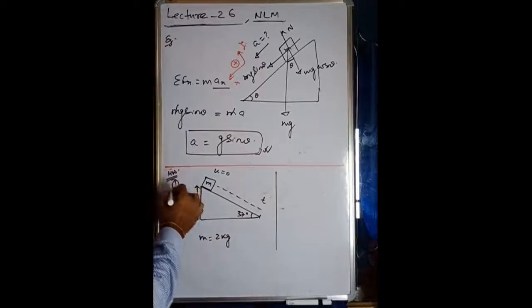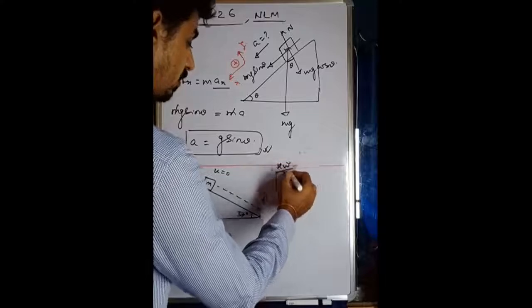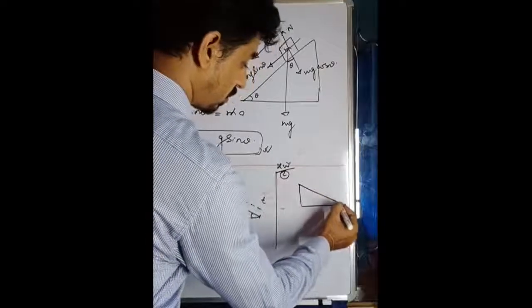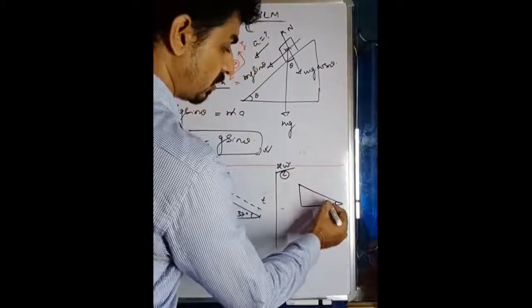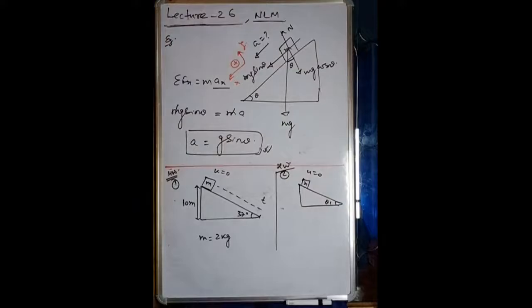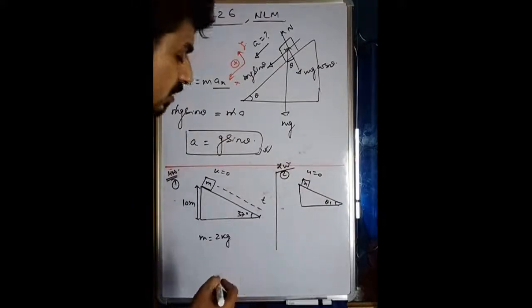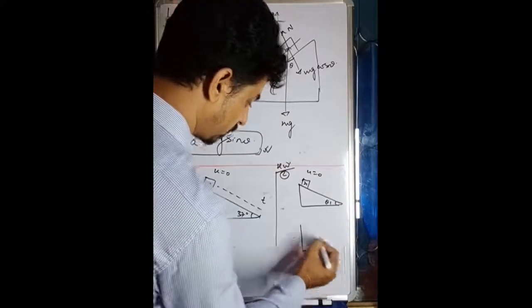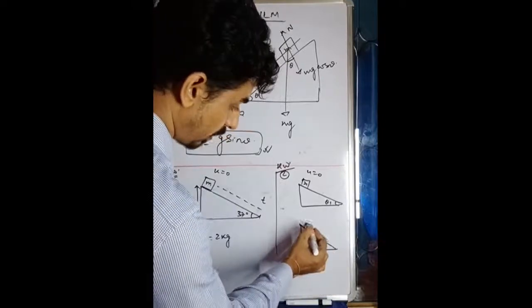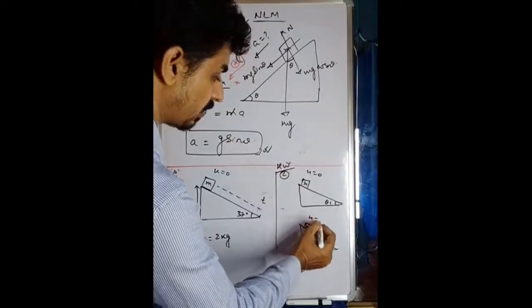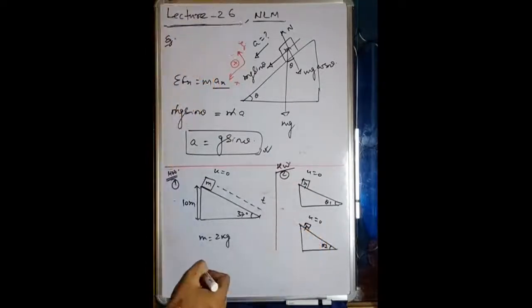Now the second question, which is very important, look at here, the two wedges. Suppose here theta 1, mass m, I leave from initial velocity 0, there is no friction, and in the second case I leave this mass on theta 2, again from the same point, and with initial velocity 0.